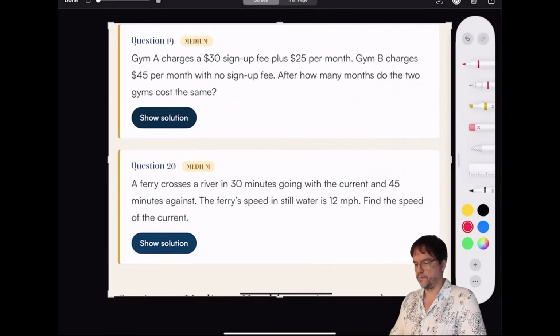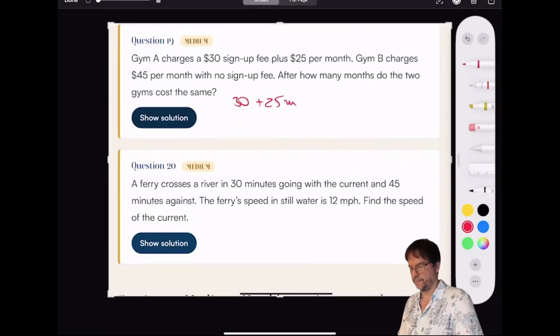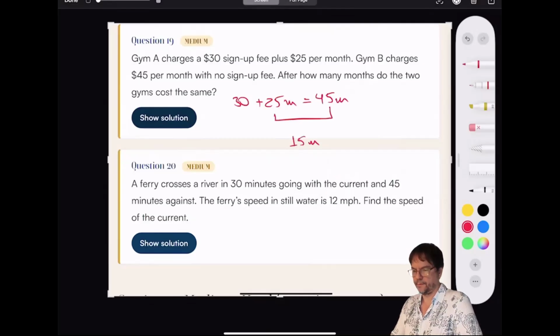Gym A charges 30 plus 25 per month. Okay. Gym B is 45 per month. 45 minus 25 is 15.